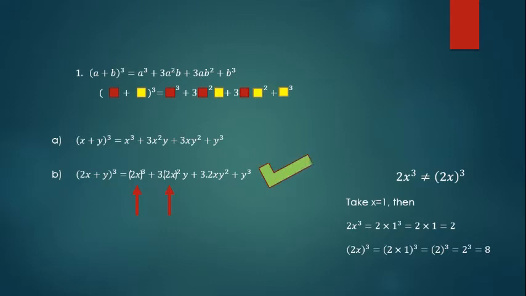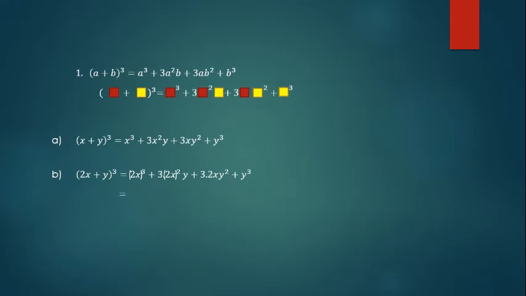So (2x) whole cube is 8x cube plus 3 into 2 square is 12 and x square y. Next 3 into 2 is 6 and x y square plus y cube. That's it.